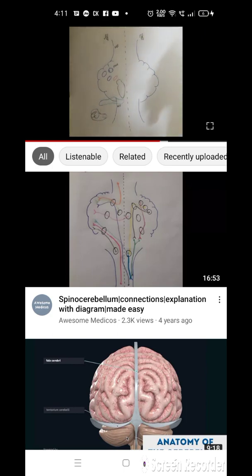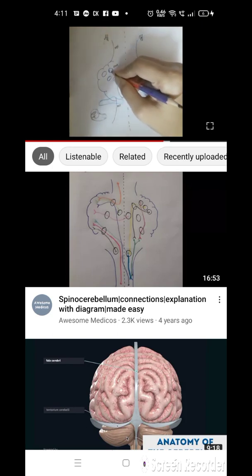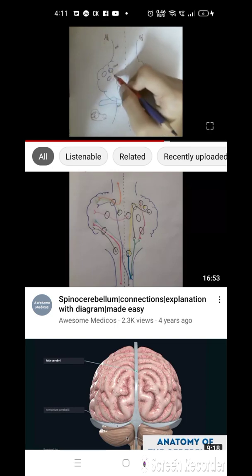We have seen that the efferent tract begins from the vestibular nucleus, crosses through the inferior peduncle of the same side, and ends in the fastigial nucleus, nucleus emboliformis, and nucleus globosus.